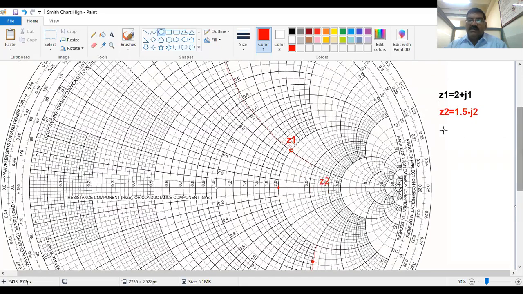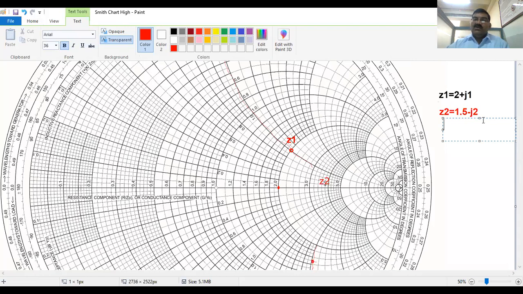So I'll take the next one directly, that is Z3. Z3 equals j200.